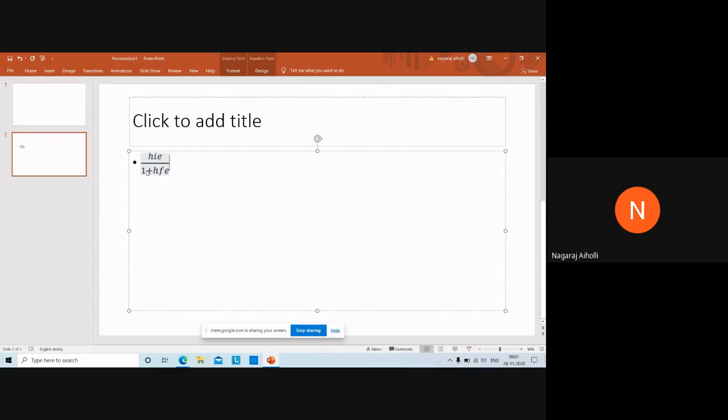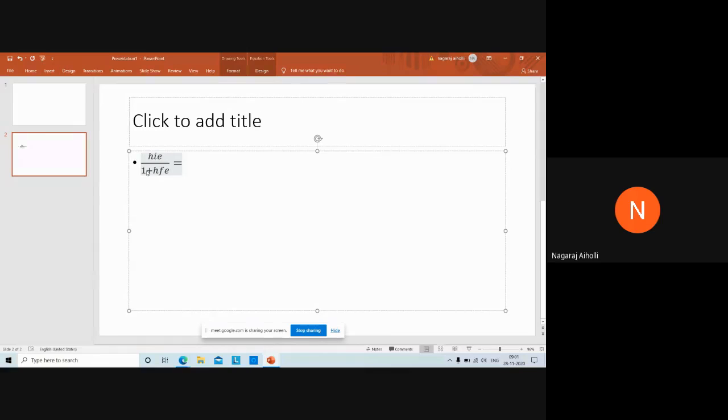Now let us express HIE in terms of the RE model. Just now we wrote HIE; how much is HIE in the RE model? It is in the comparison of hybrid and RE model. HIE is equal to beta RE.